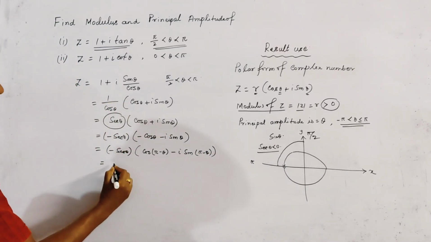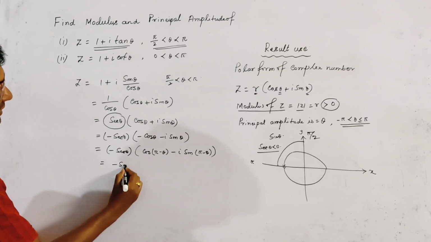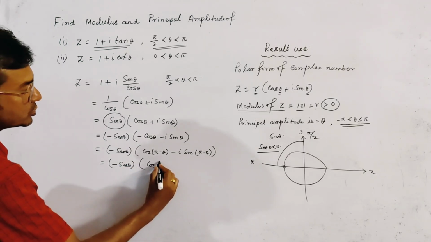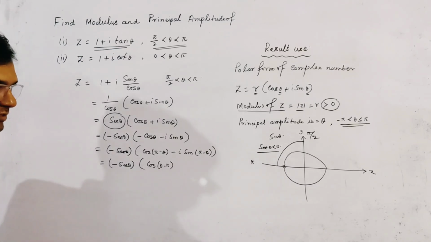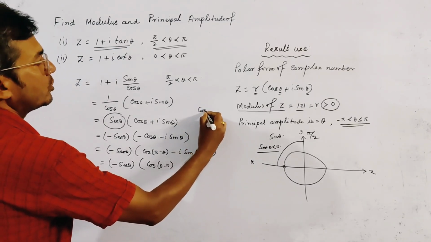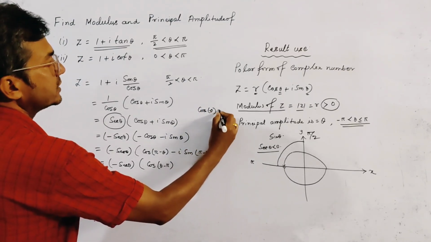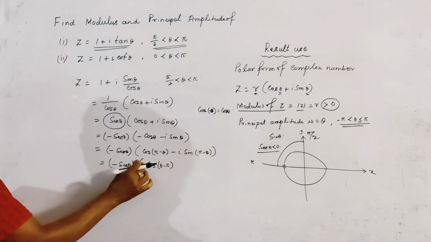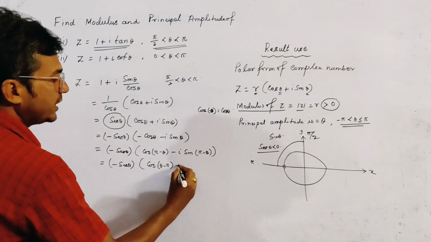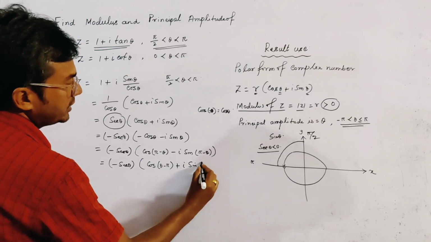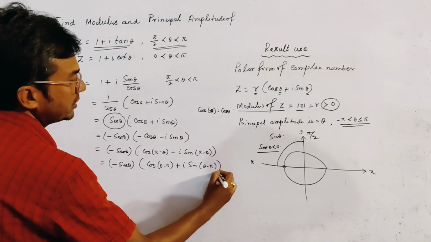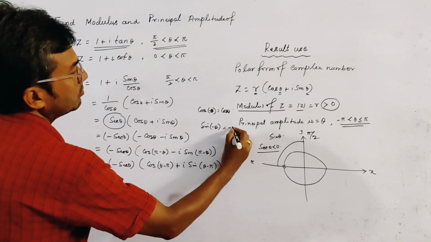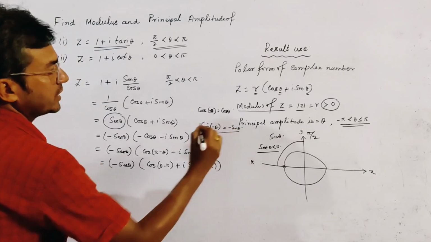Okay, and now we write minus sec theta into cos of theta minus pi. Because cos of minus theta is equal to cos theta, there is no change of sign here, but here it is positive i into sin of theta minus pi, because sin of minus theta is equal to minus sin theta.